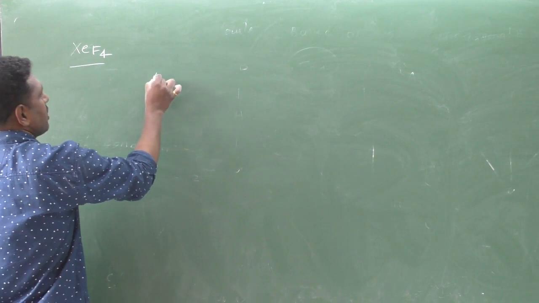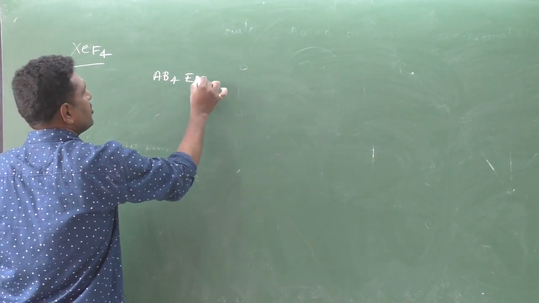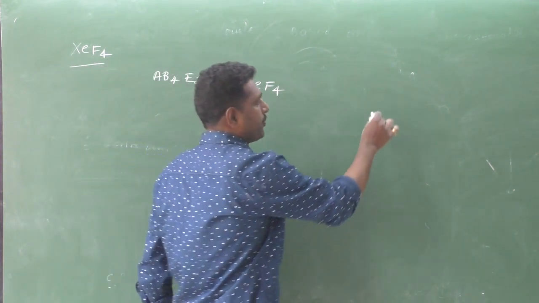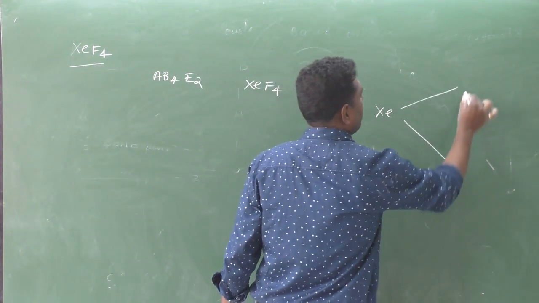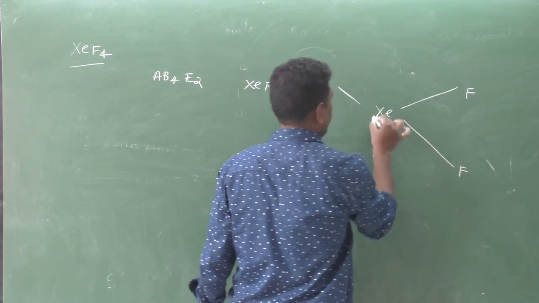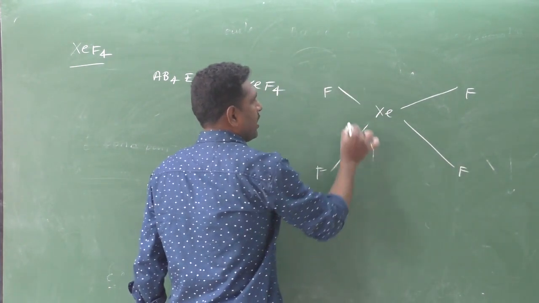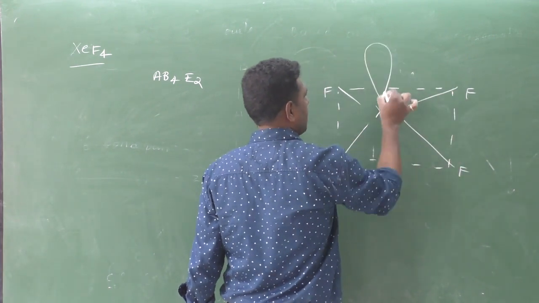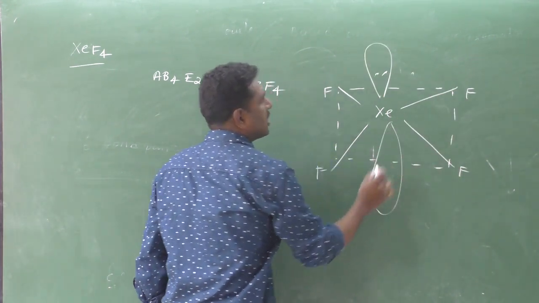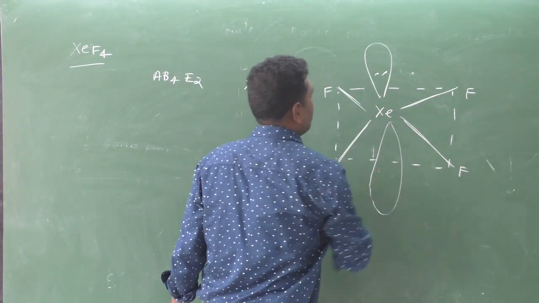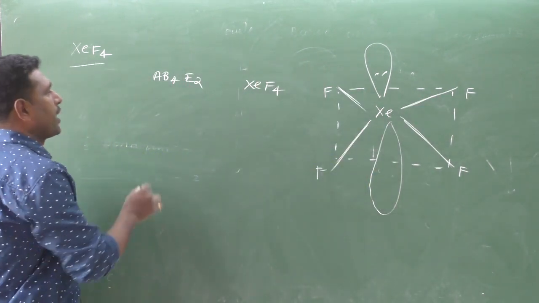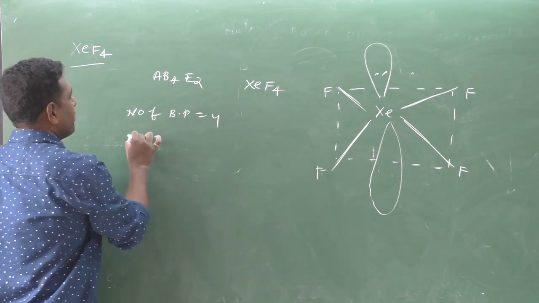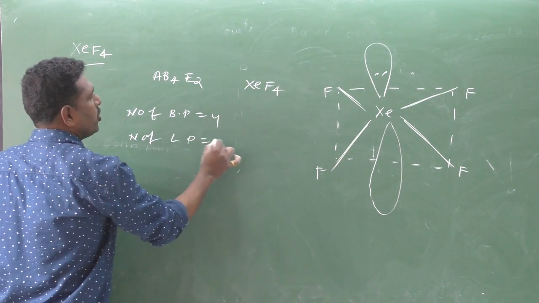When you observe the structure of XeF4, 4 fluorine atoms are there, fluorine here, fluorine here, fluorine like this. So bond pairs are 1, 2, 3, 4. 4 bond pairs, 2 lone pairs.